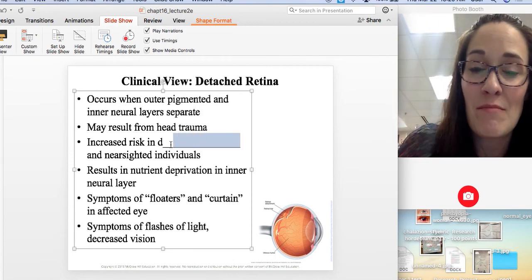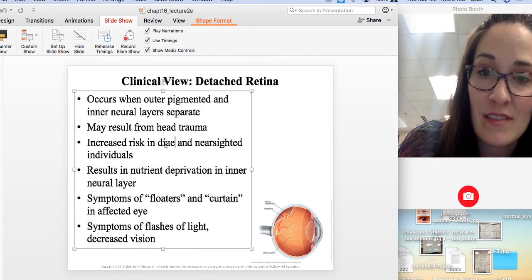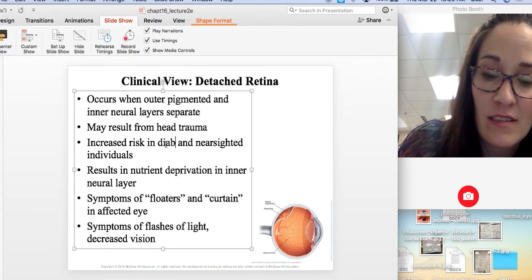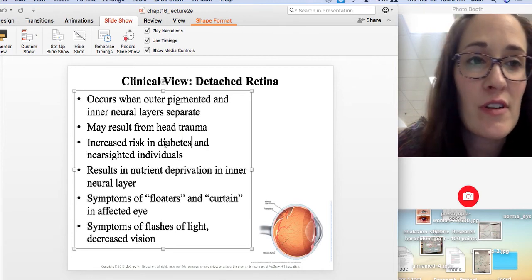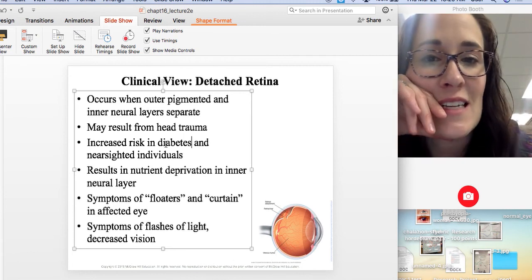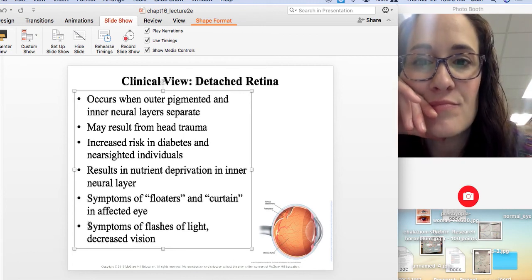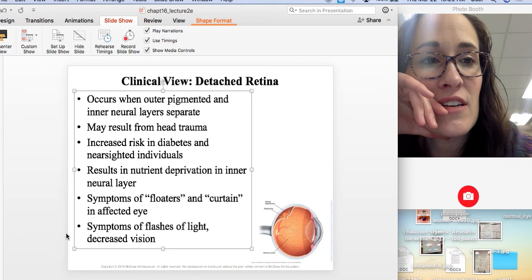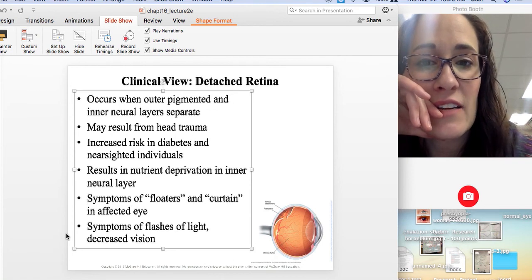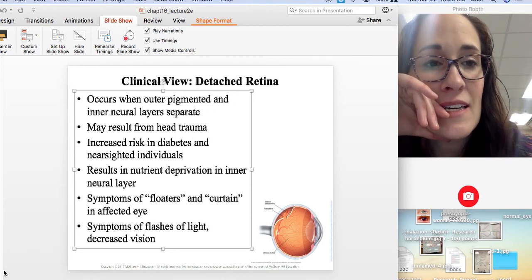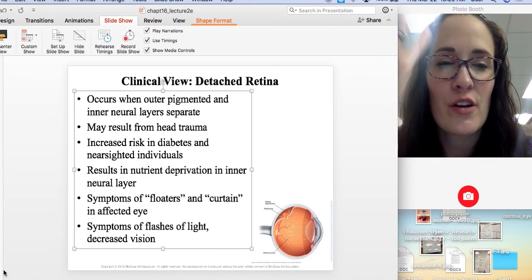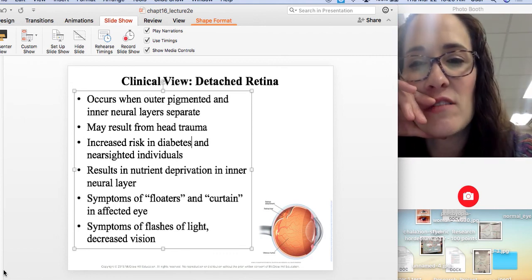If you have diabetes, you can increase your chances for having a detached retina because it damages blood vessels. Essentially, you get no nutrients in that layer. Symptoms: floaters, a curtain, you can't see as well, flashes of light.